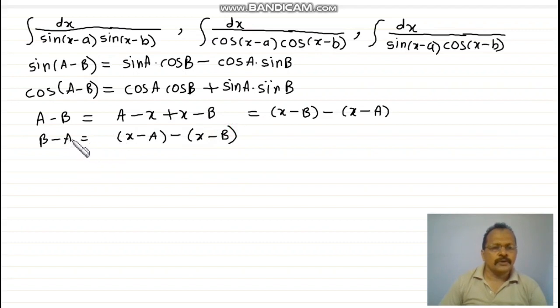You have to use these three to solve these three integrations. Let us see how. Let us solve the first one.